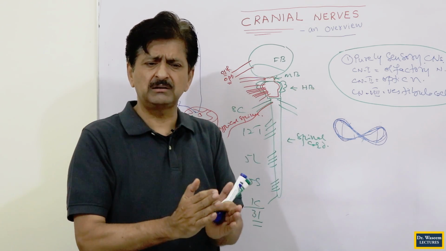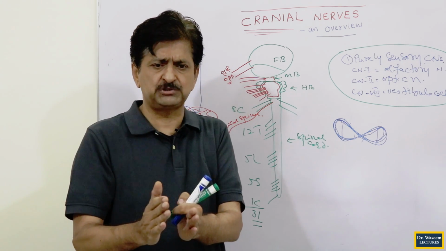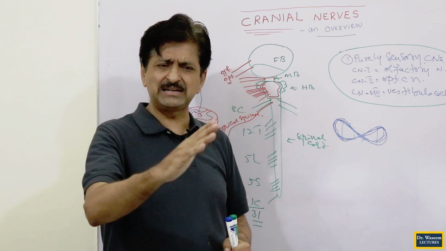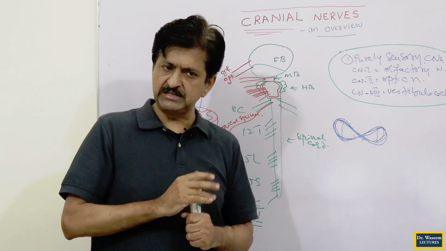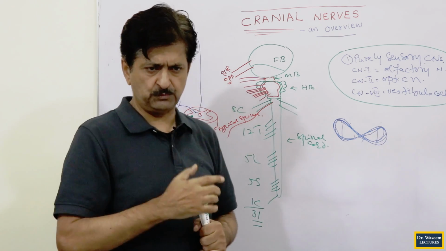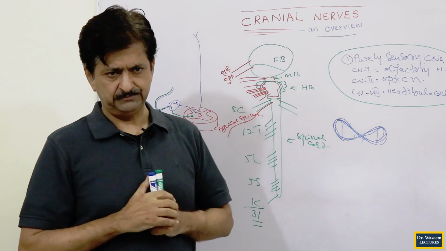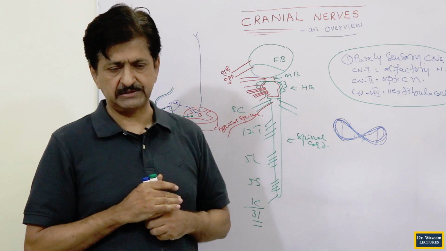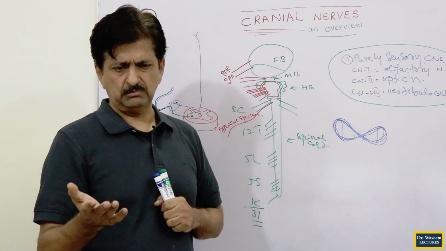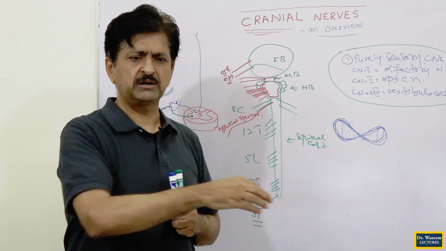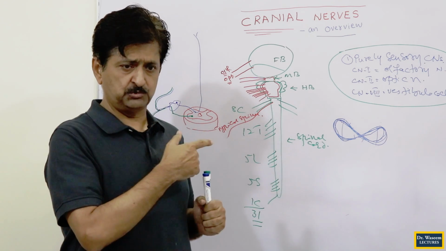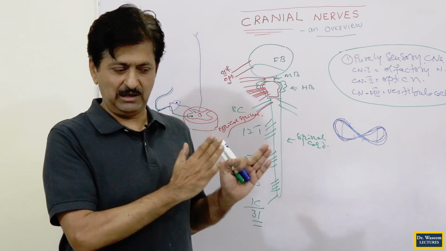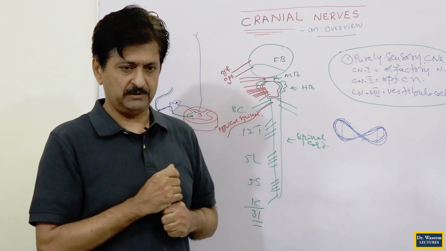I put it into another group, the group of accessory or additional nerves. We don't have too many of them, we have just one. That's why its name is accessory. All the books usually put it in purely motor, and though it is also purely motor, I usually put it into another group.